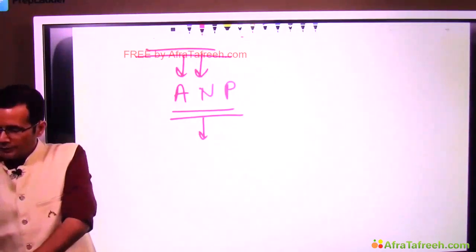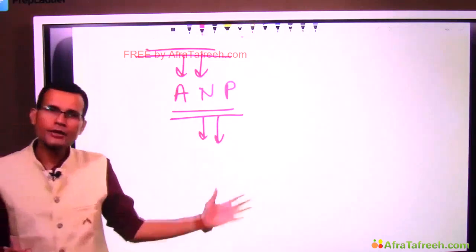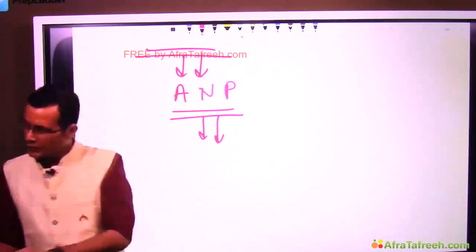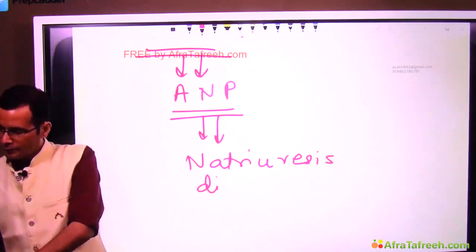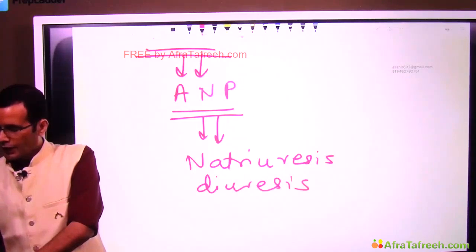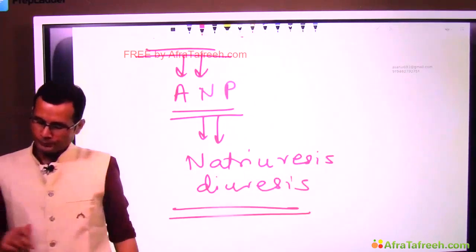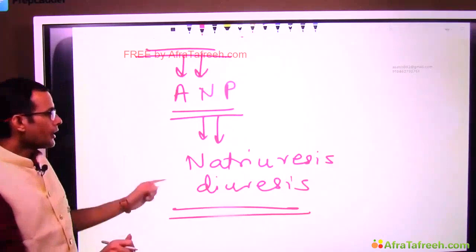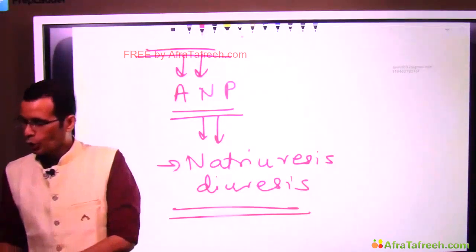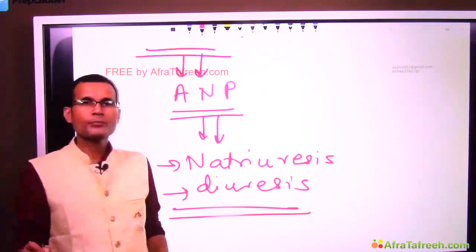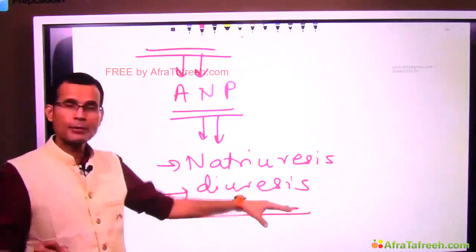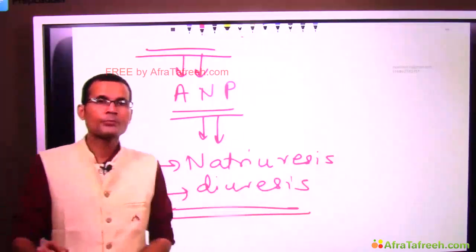This will be released from the atria, it will go to the kidneys, and it will cause natriuresis and diuresis. Natriuresis, sodium loss into the urine, and water loss into the urine. So that excess water which was present will be lost.